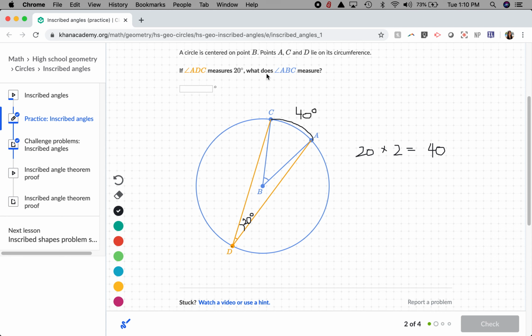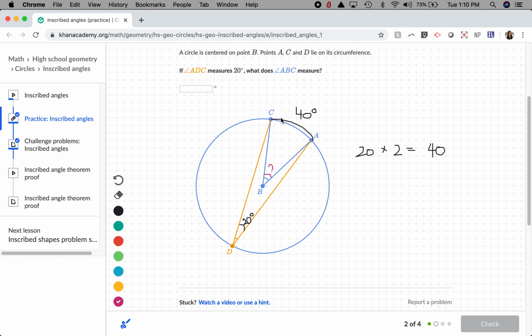Now the question is, what does angle ABC measure? ABC. The question is, how big is this angle? Now this angle is what we call a central angle because the vertex or the apex of this angle is in the center of the circle. What do we know about the measure of a central angle?